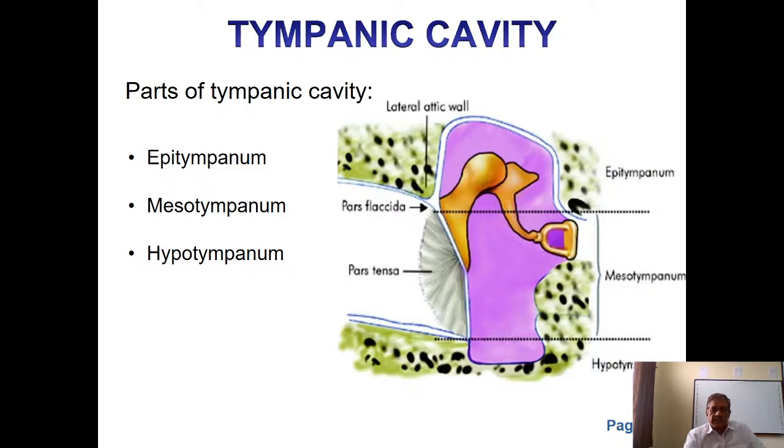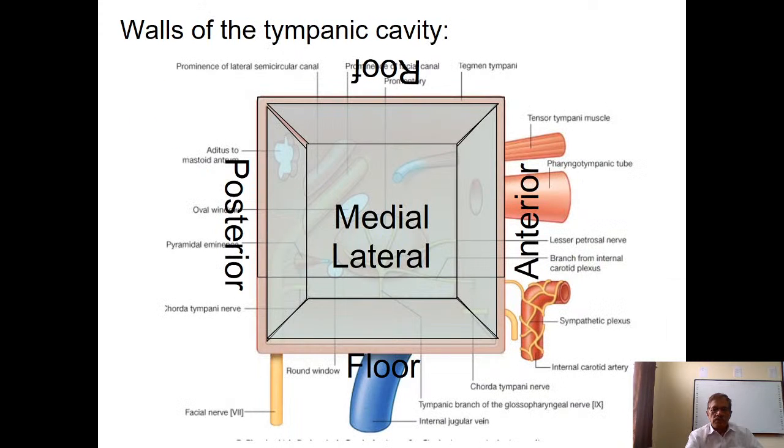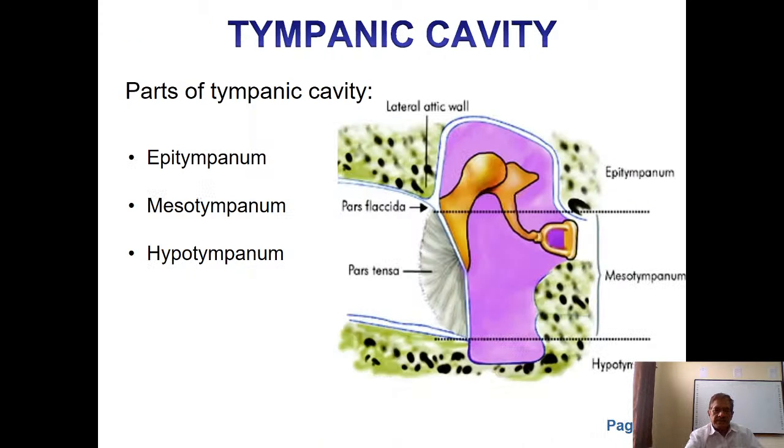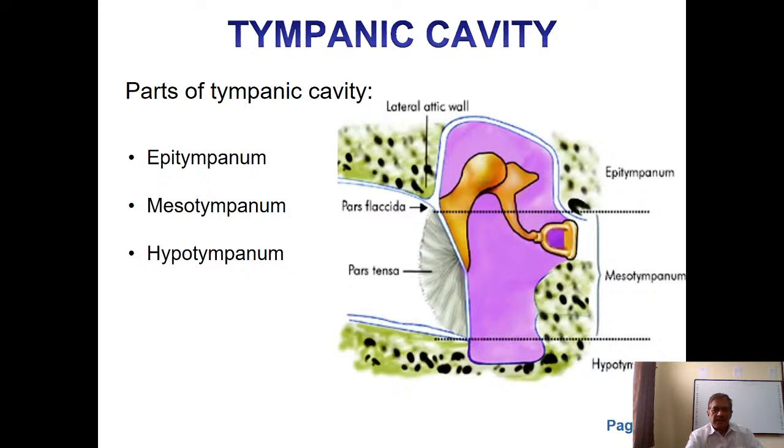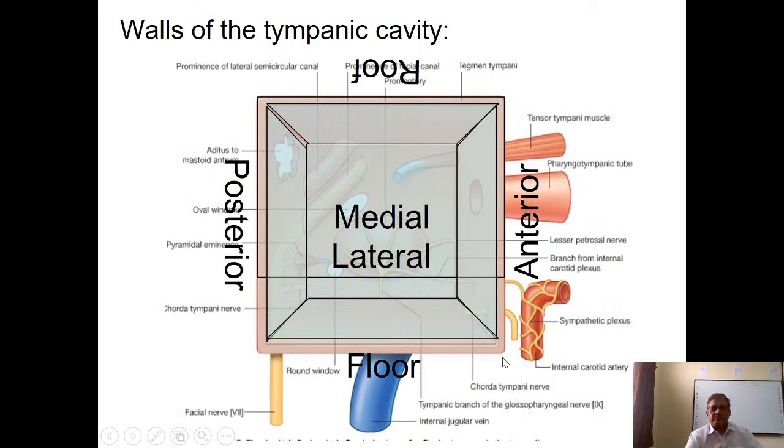As in the diagram, the part corresponding with the tympanic membrane is called the mesotympanum, and anything above that is the epitympanum, and then down is the hypotympanum.